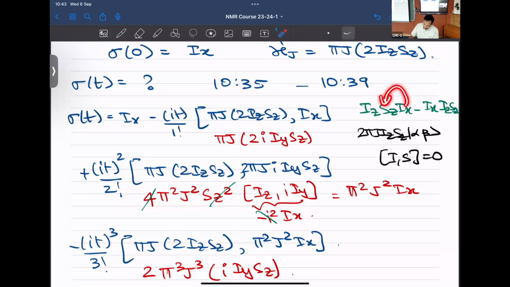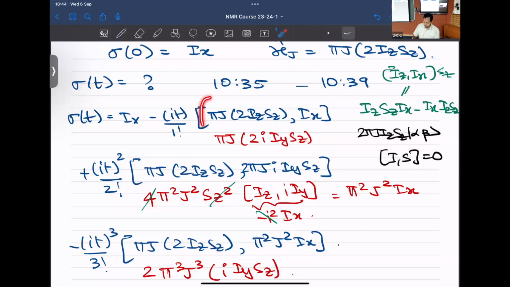So therefore, you promote Ix to the front, and you will realize this reduces itself to Iz comma Ix times Sz. The moment you end up doing this, is that right? Yeah. So therefore, you get Iz comma Ix as the commutator times Sz, which is going to be i Iy. And the 2 comes up because the 2 already existed before, nothing else.